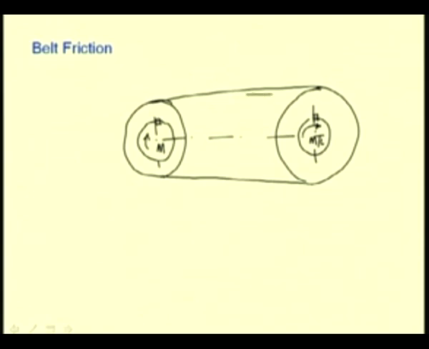So, the belt moves in this fashion and the torque developed by this motor is transmitted to the machinery.